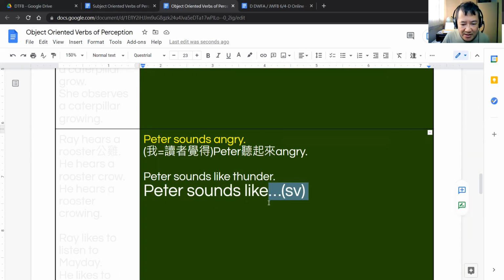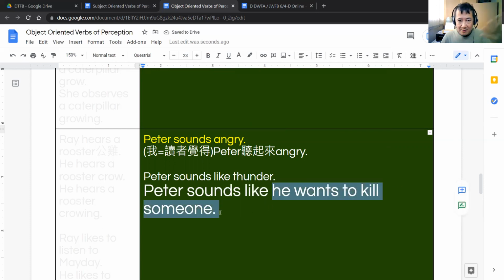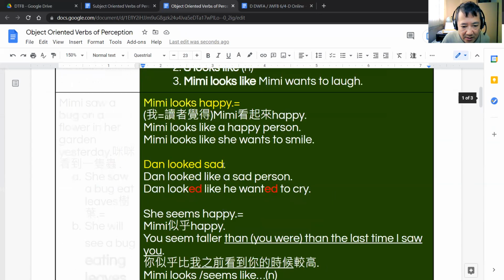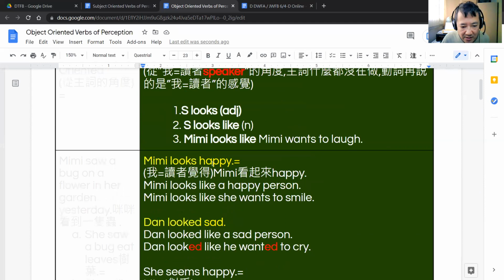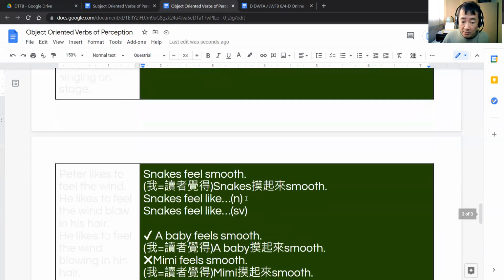So I'm going to say, Peter sounds like he wants to kill someone. You see that? And because it's a sentence, I can really describe what I think he sounded like, right? Okay. Right, so again, in addition to looks a certain way, you can say he sounds a certain way.